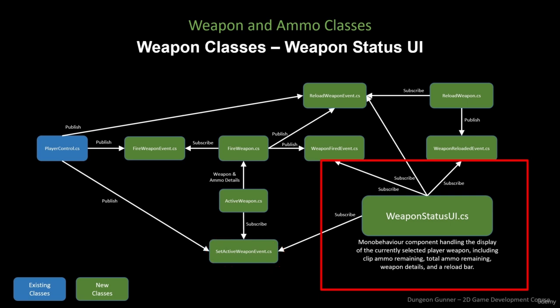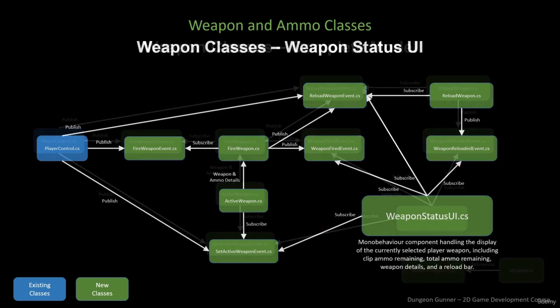It's going to subscribe to the weapon fired event to decrease the total ammo and the clip ammo. It's going to subscribe to the reload weapon event to trigger the reload weapon bar, and it's going to subscribe to the weapon reloaded event so it knows when the weapon reload has been completed.